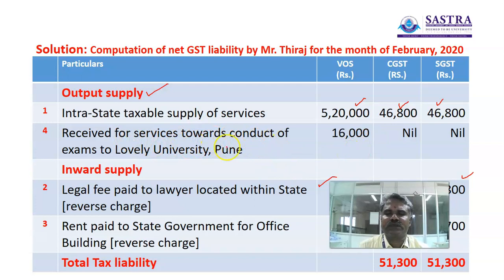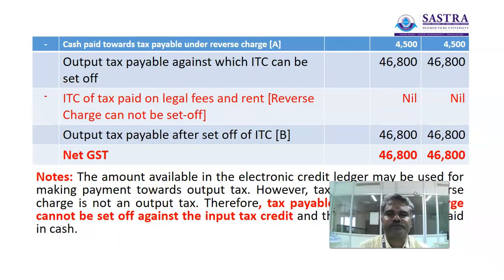But the amount received from service towards conducting the exam, 60,000, has no GST, because this is not a taxable service. Then legal fee paid to lawyer 20,000, 1,800. Rent paid 30,000. So total tax liability for CGST 51,300, SGST also. Less cash paid towards tax payable under reverse charge mechanism 4,500.